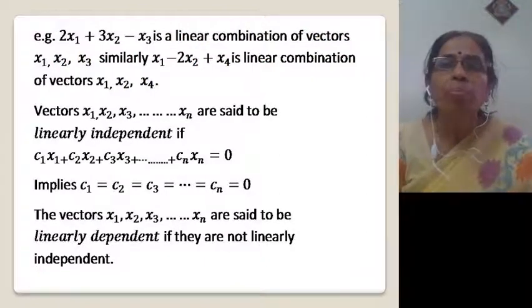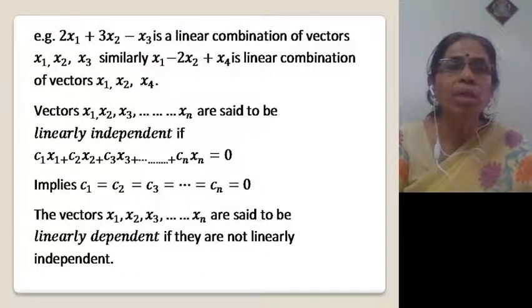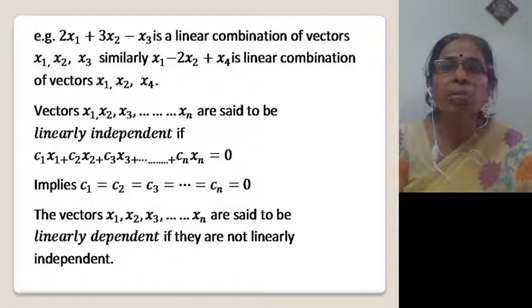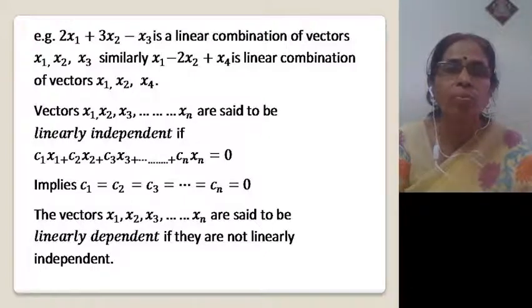For example, 2x1 plus 3x2 minus x3 is a linear combination of the vectors x1, x2, x3. Similarly, x1 minus 2x2 plus x4 is a linear combination of vectors x1, x2 and x4.